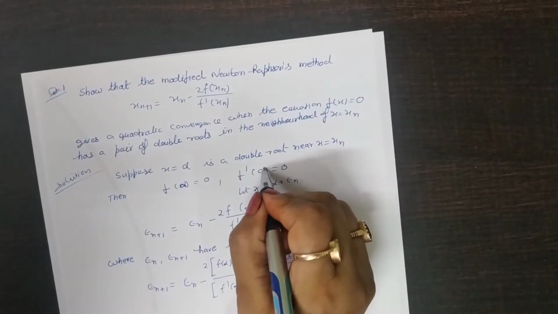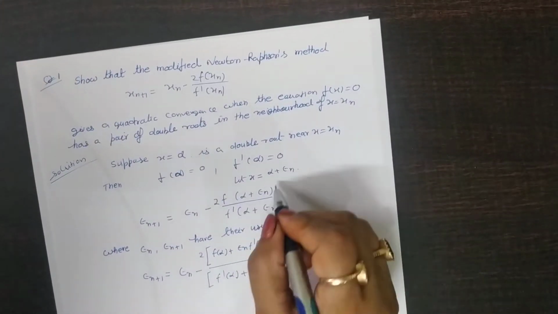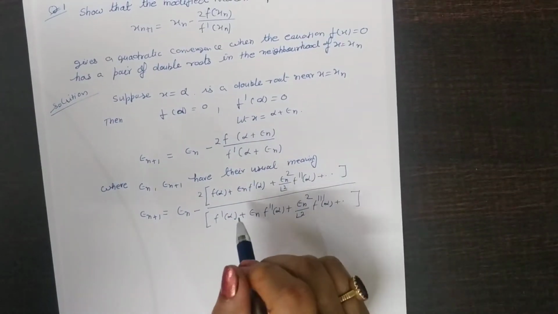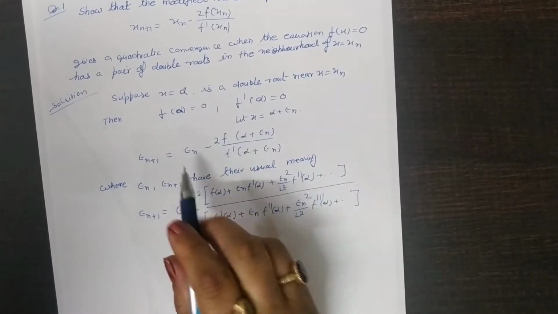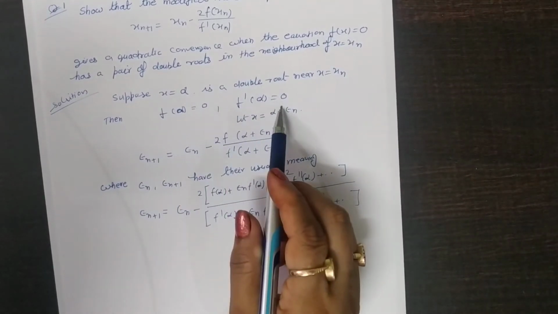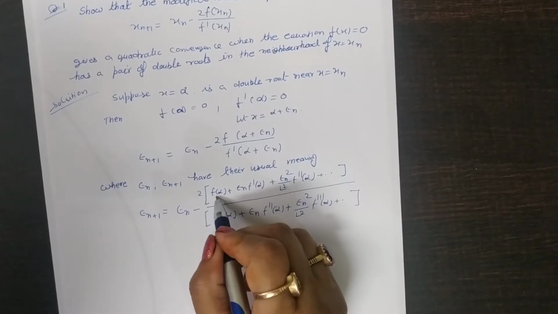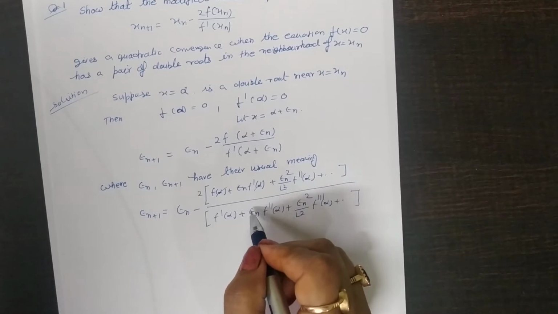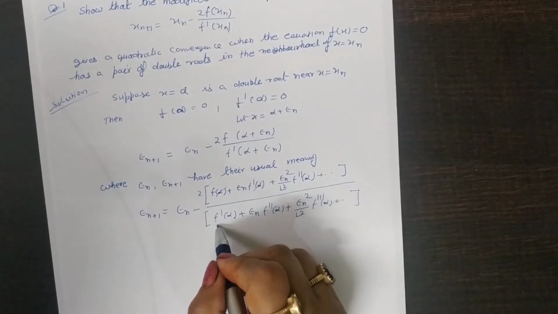So f(alpha) is 0 and f'(alpha) is 0, so this term is 0, this term is 0, and starting from here f'(alpha) is again 0.